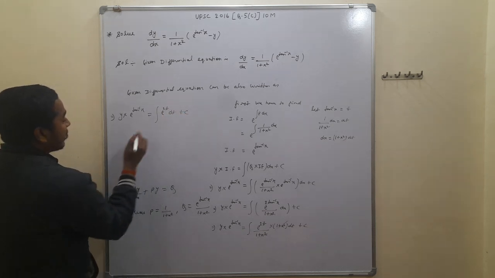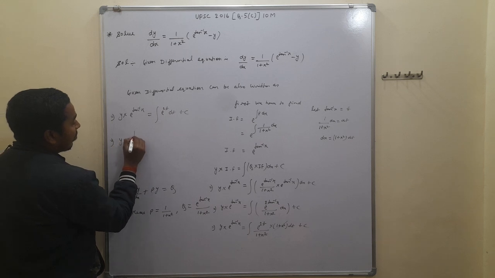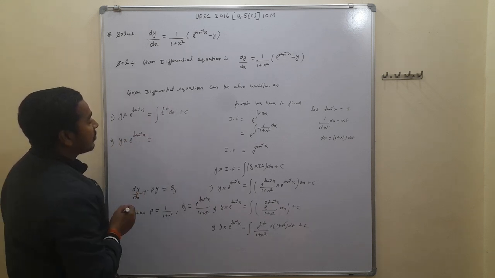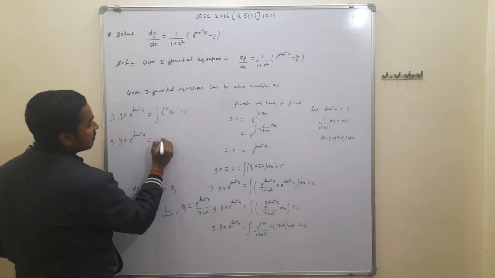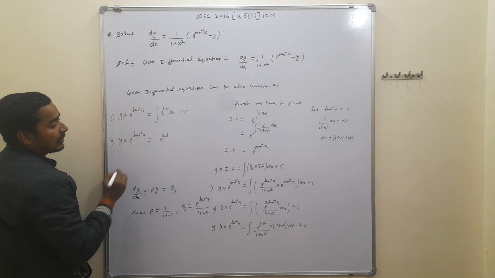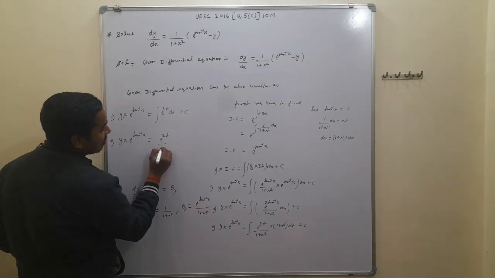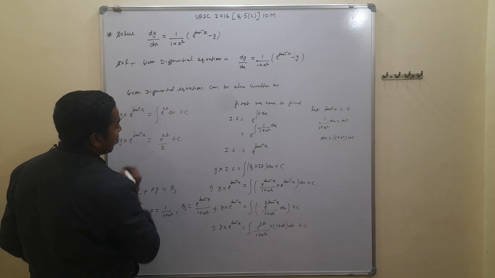We have to integrate here. This gives y into e to the power of tan inverse x is equal to, integrating e to the power 2t dt, this gives e to the power 2t, and again 2t differentiated with respect to t gives 2, so divided by 2, plus c.